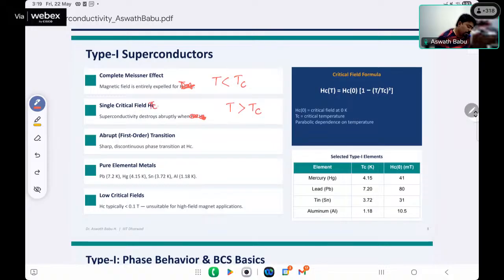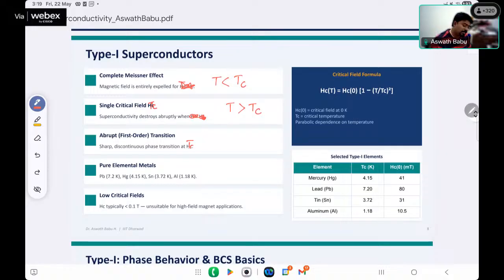So there is an abrupt first order transition. A sharp, discontinuous phase transition happens as the temperature goes across the Tc value.